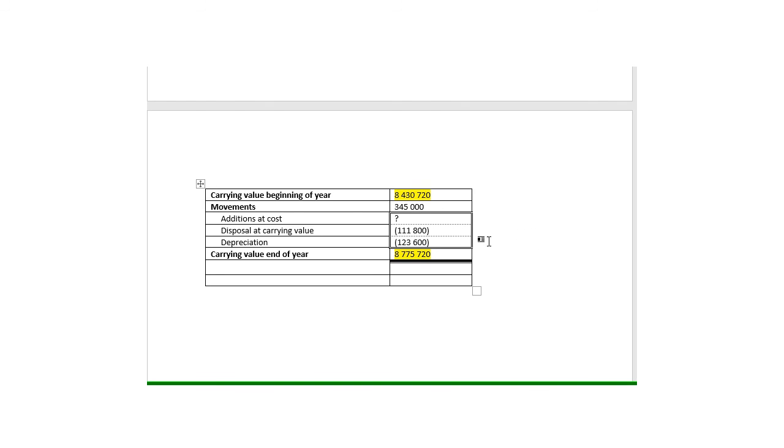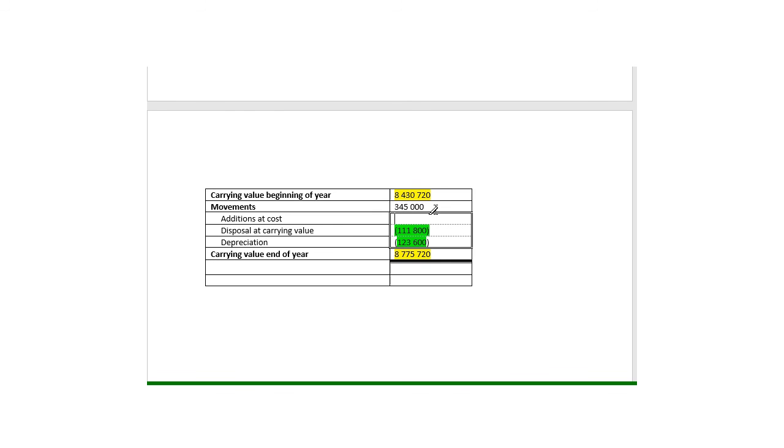So now that I know what the total movements is, the total should be the total of everything inside the block. So it means that that figure plus that figure plus whatever that missing figure is should give me 345. Again, I need to work back to get to the missing one.